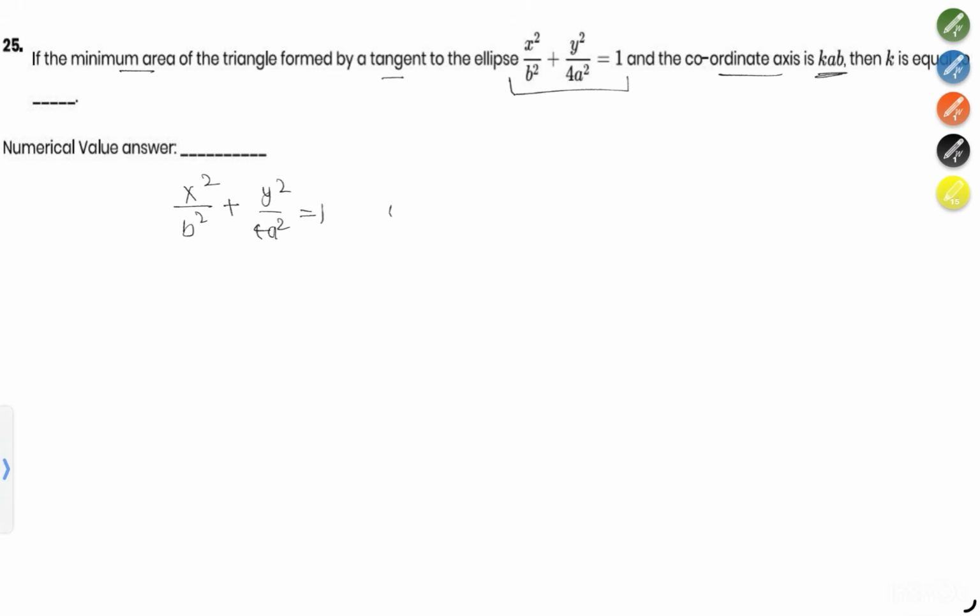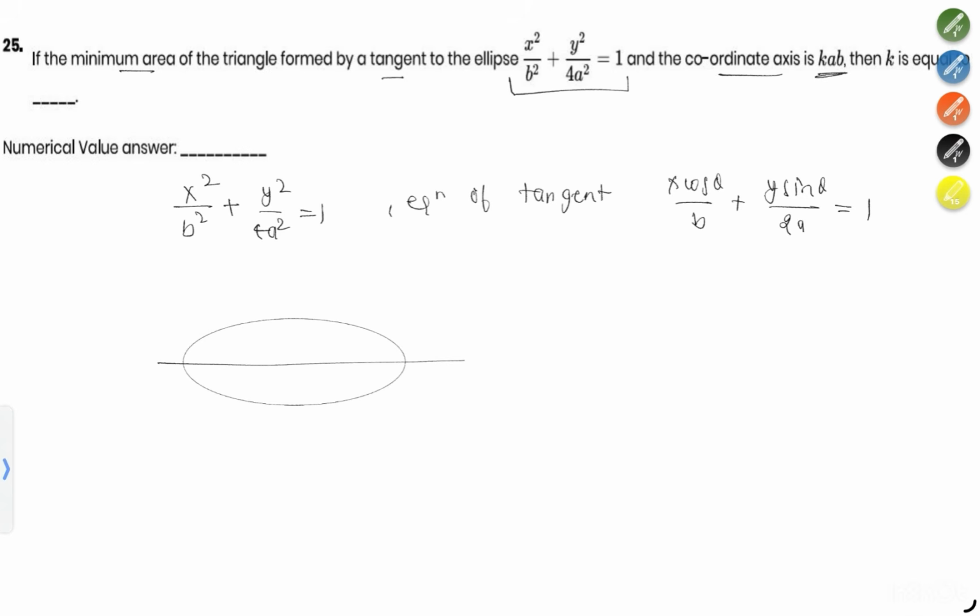First of all, the equation of the tangent is x cos theta by b plus y sin theta by 2a equal to 1. So if I have an ellipse like this, assume, and this is our major axis, here is our minor axis, and this line is passing through like this.